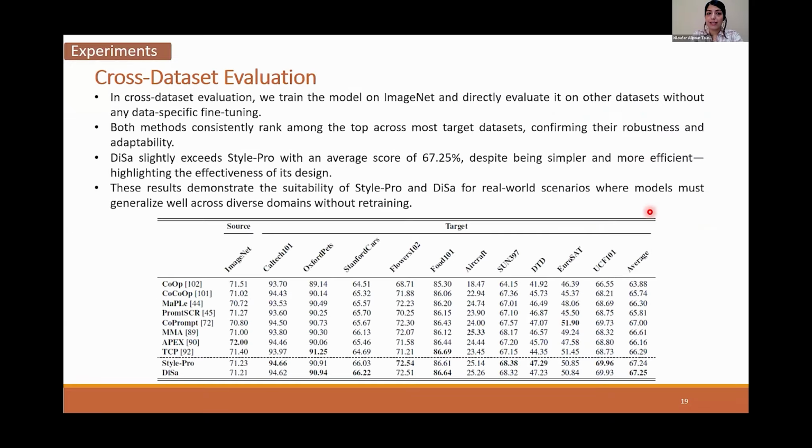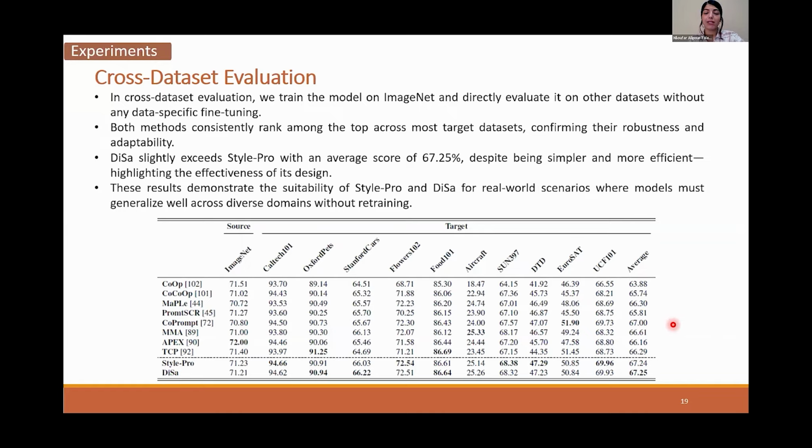But the other challenging setting is cross-dataset evaluation. In the previous setting, the dataset for test and train was the same, we just had some new classes. But here, we train on a completely different dataset like ImageNet, but test on, for example, other datasets like Caltech, Oxford, and as you can see, in comparison to the previous setting, the performance of all methods here is lower because it is more challenging.